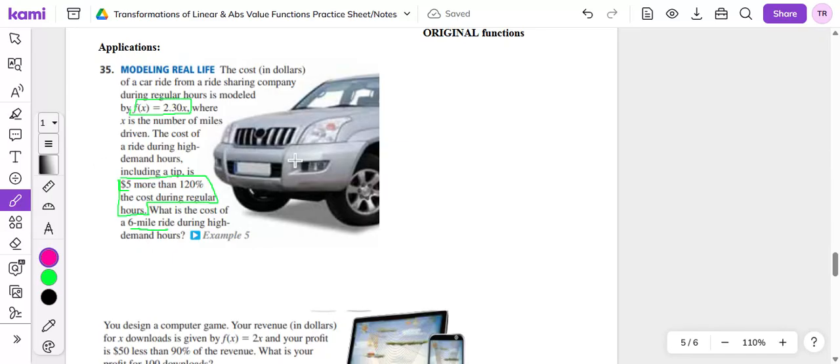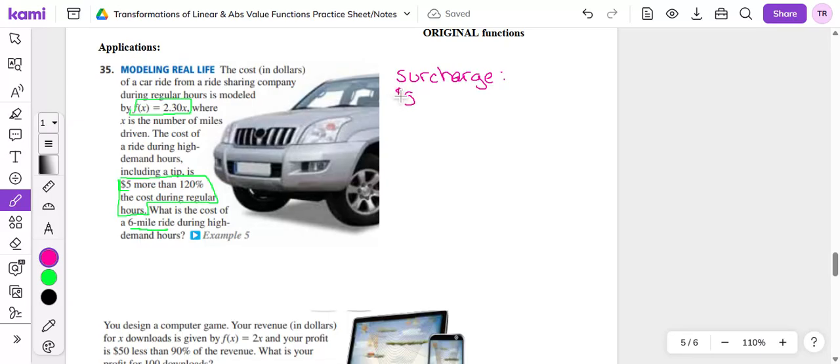So first of all, 120%, that is the surcharge. I don't throw percentages inside a function. We don't use percent signs. So let me just write this.